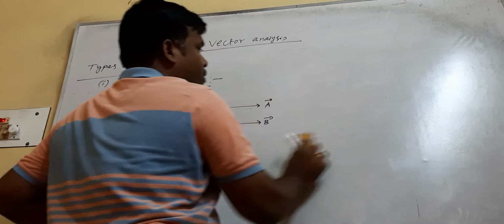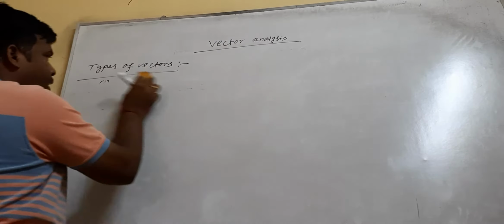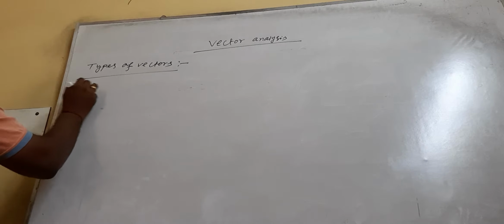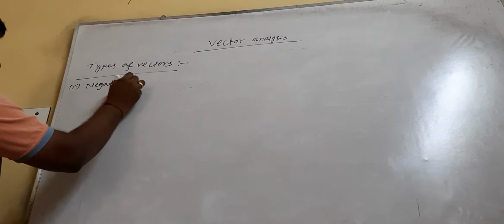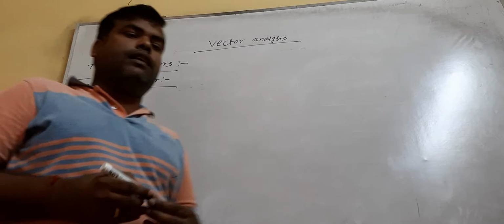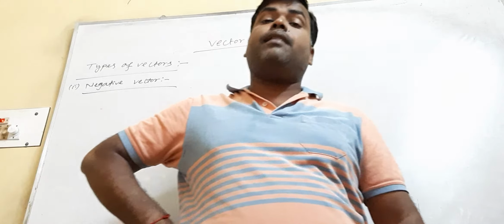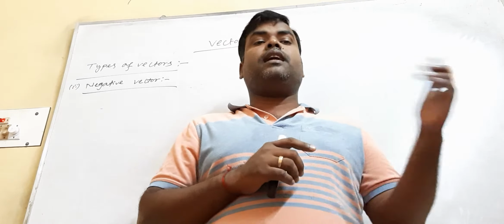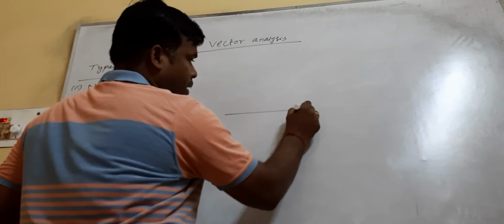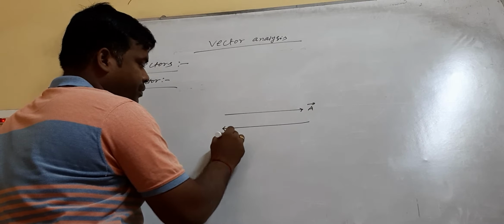So now come to negative vectors. What do we mean by negative vector? One vector is negative of another if they have same magnitude but opposite direction. Suppose it is A vector and it is B vector.